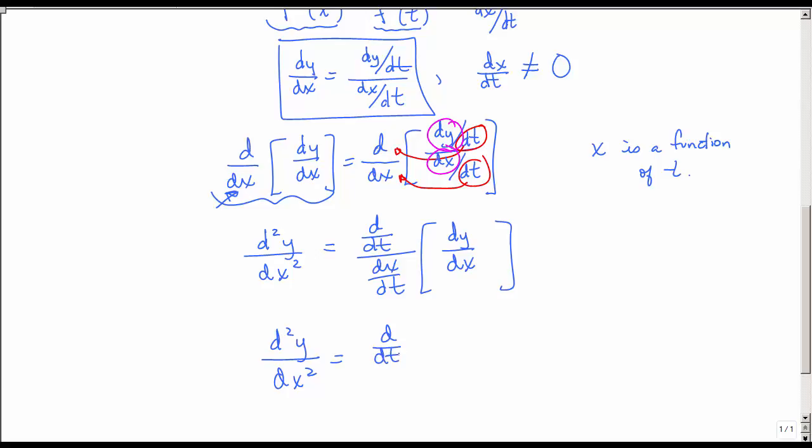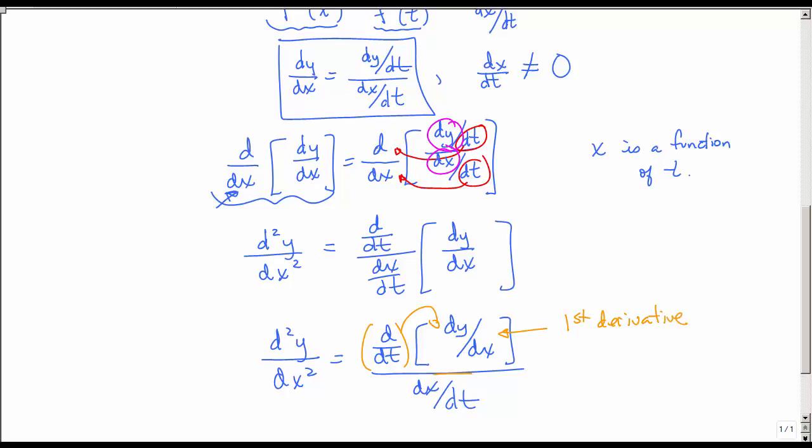I'm taking the derivative with respect to t of dy dx, which is our first derivative, divided by dx dt. That is our second derivative. So look closely, what do we have? We have the derivative with respect to t of our first derivative divided by the derivative of x with respect to t.